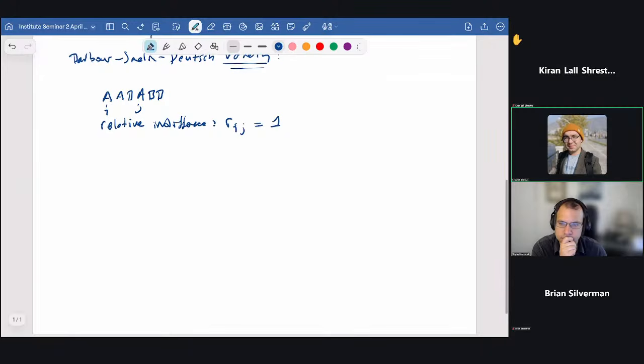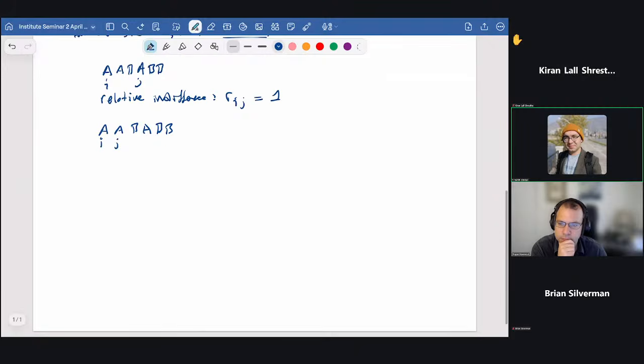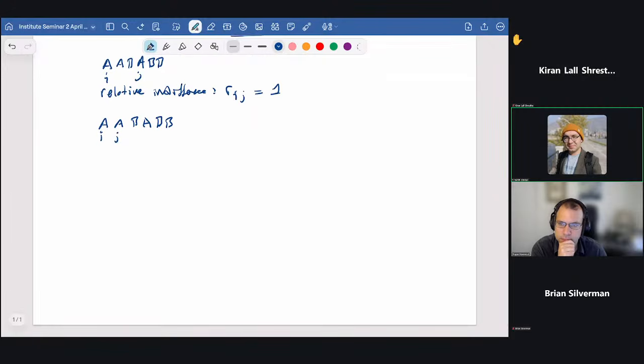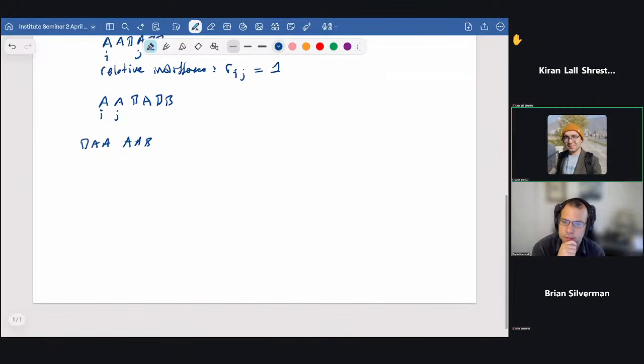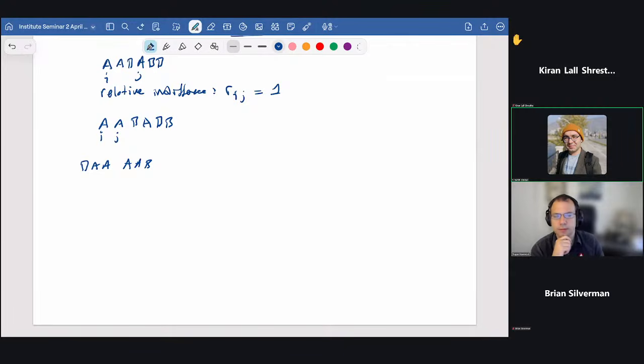When we consider another example for the same word, let's say this is I and this is J. At the first radius, the neighborhoods are B, A, and maybe one is the reverse of the other, so that means they're isomorphic. So we go one more step in the neighborhood, and we obtain the radius 2 neighborhood, which should be BB, AA, EAA, EA.